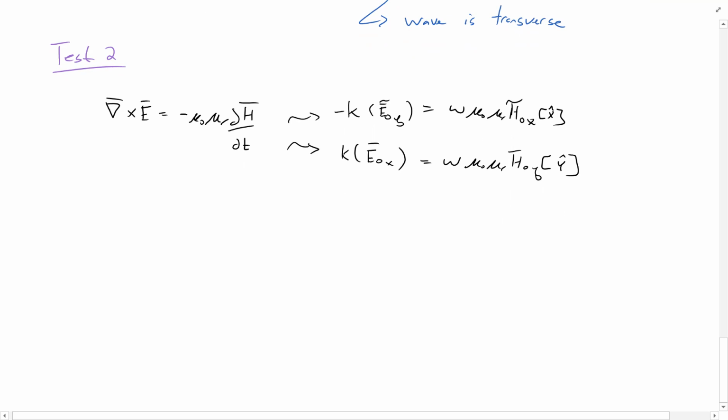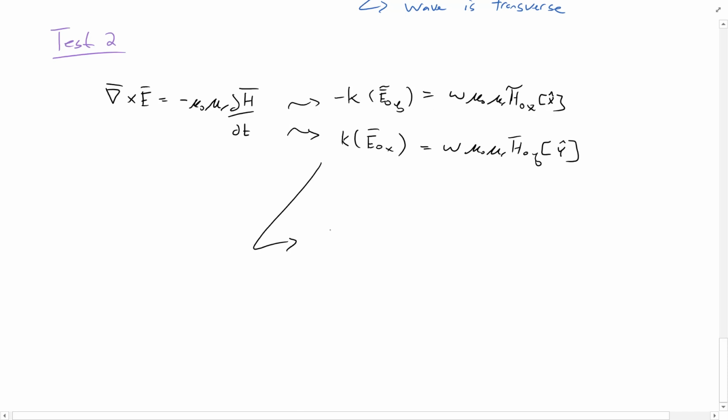Just from these two equations here, we can actually simplify this further into a more general case for the complex magnetic field, which would look like this. Z, our direction of propagation, just crossed with our electric field.